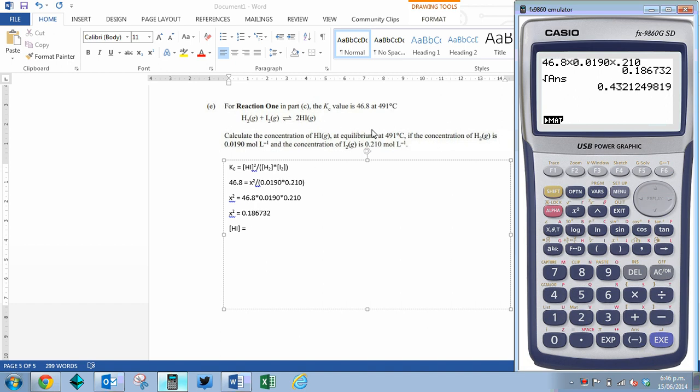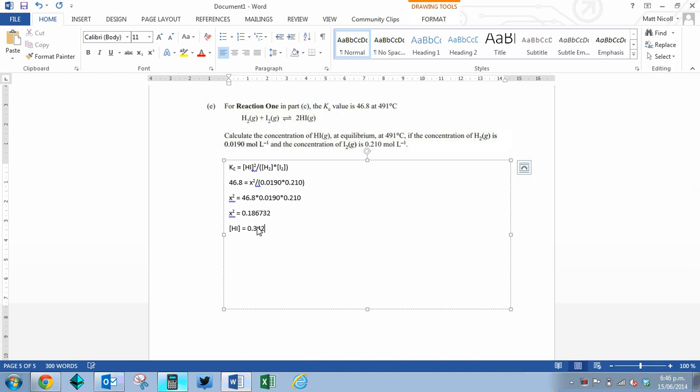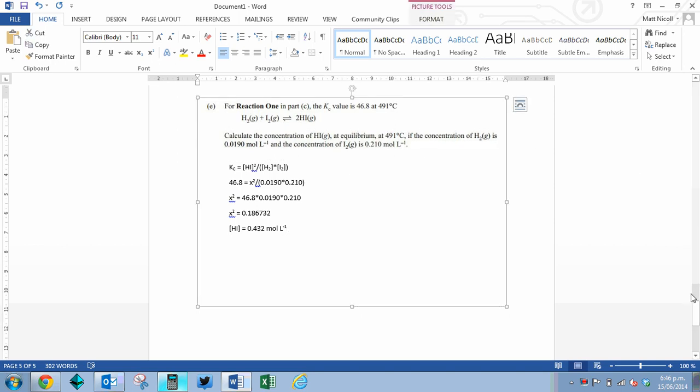Everything was given to me to 3 significant figures, so that's what I'll stick to. 0.432 moles per litre, or moles per cubic decimetre if you want to call it that. And there we go, we have done an entire question to prove our understanding of equilibrium and equilibrium constant.